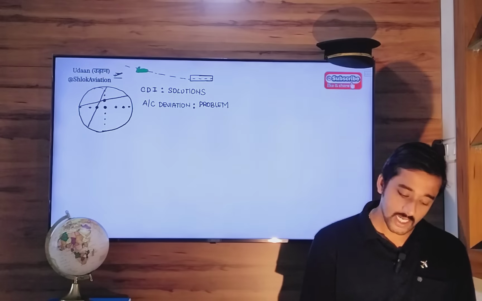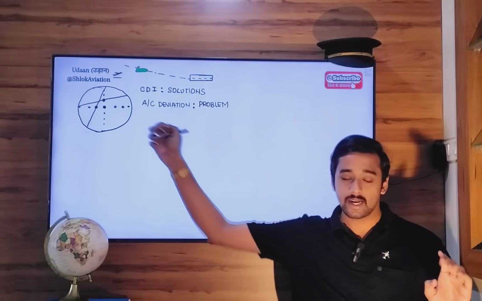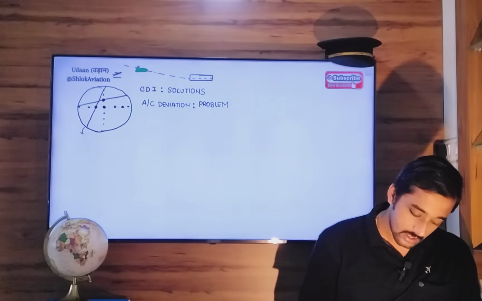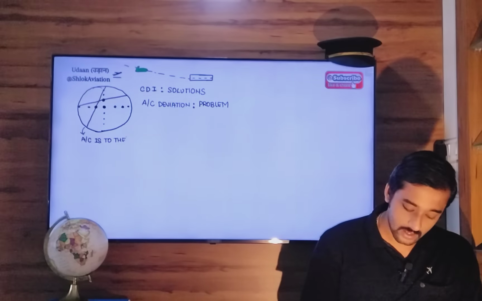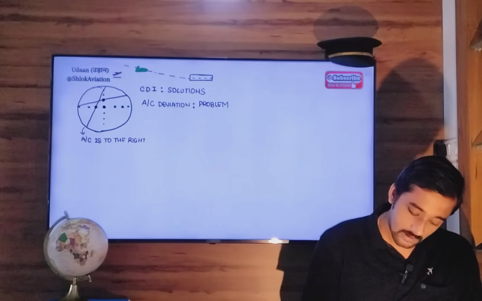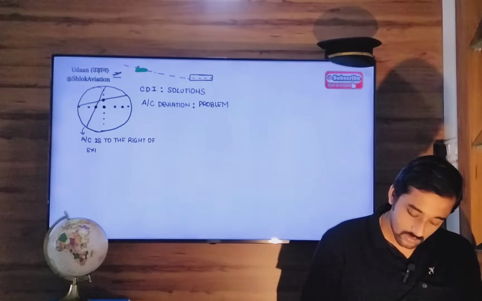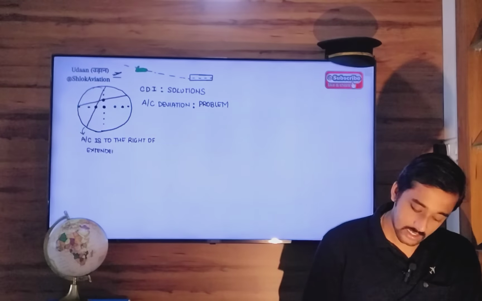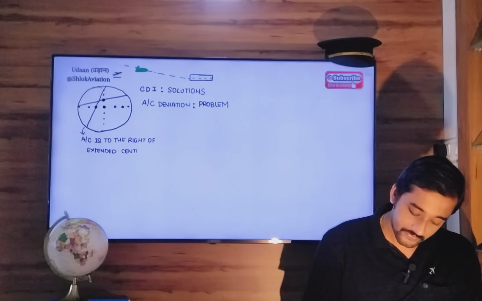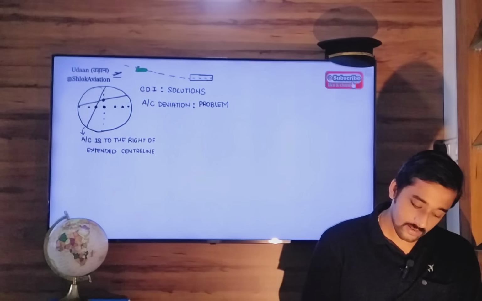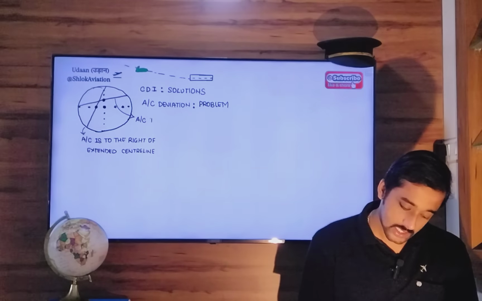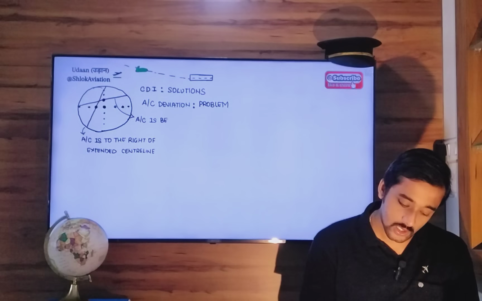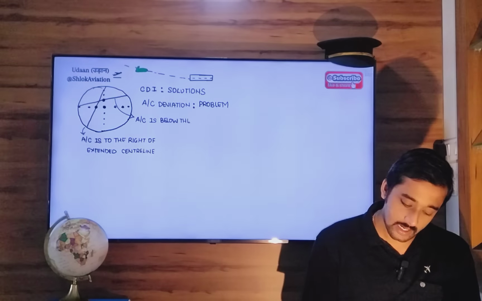That means if CDI tells you to fly left, a fly left indication, aircraft is to the right of the extended center line. If the CDI is asking you to fly two dots above, an up indication, that means aircraft is below the glide slope.